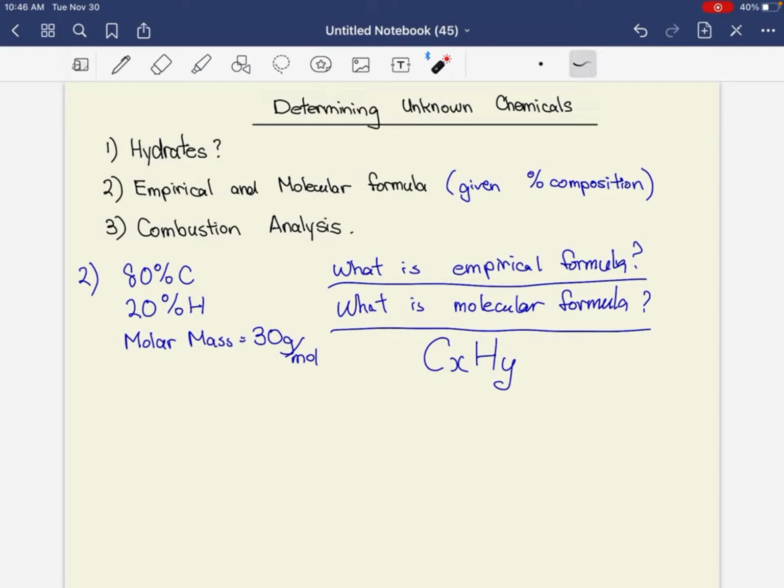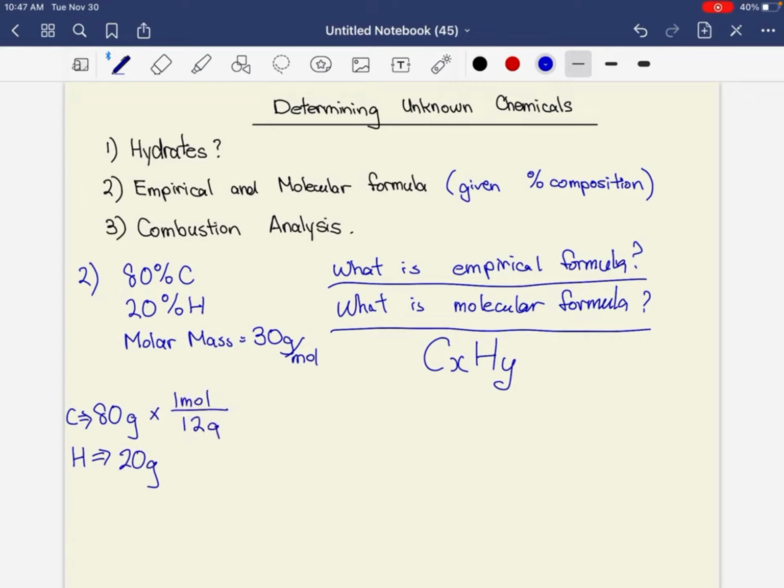Okay, so with this, we are able to find the empirical formula. So let's take a look at how to do this. So assume that 80% is 80 grams. I mean, it's a cheesy assumption, but that's the way it is. You don't want to turn that into a decimal. You can, but you'll be working with very small numbers. Not a fan of small numbers.